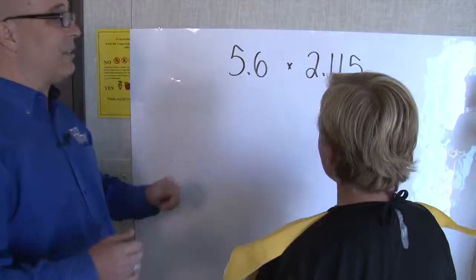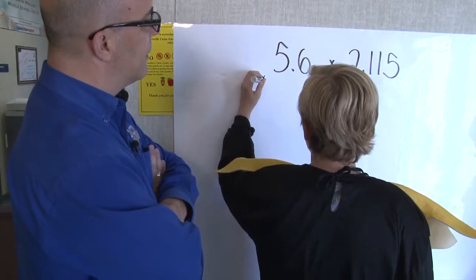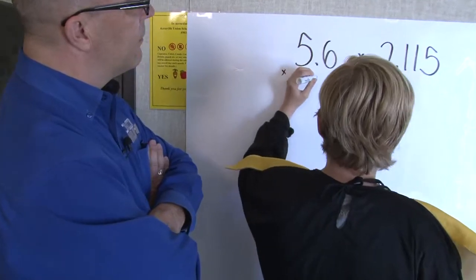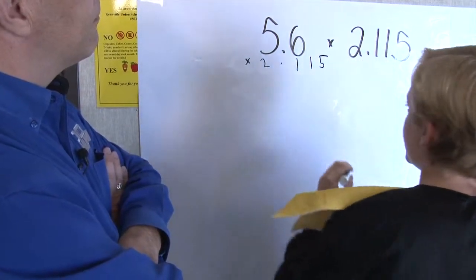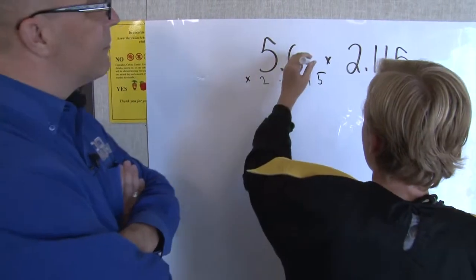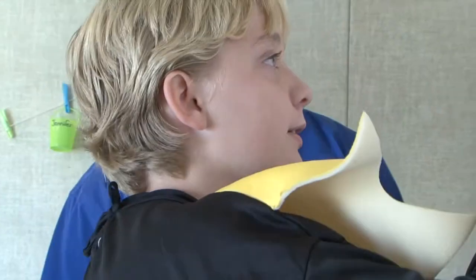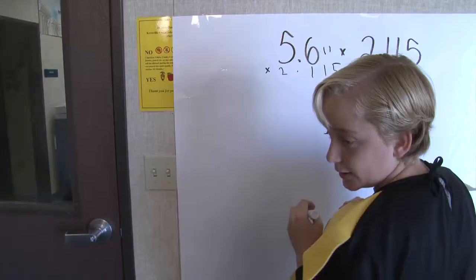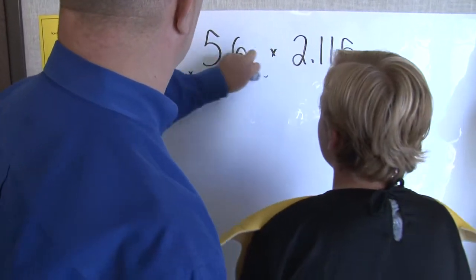So how are we going to go ahead and do this? How I would start this is I would take this number and put it under this number. Is there a difference if you do this number on top, or which would be easier? Let me get the eraser for you.